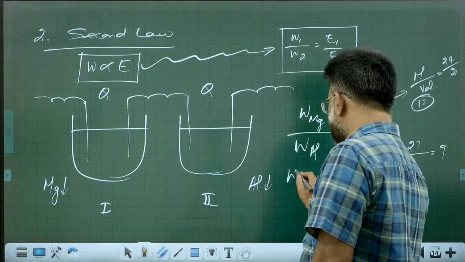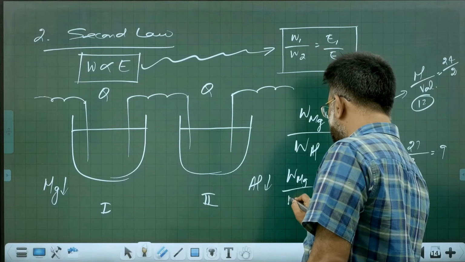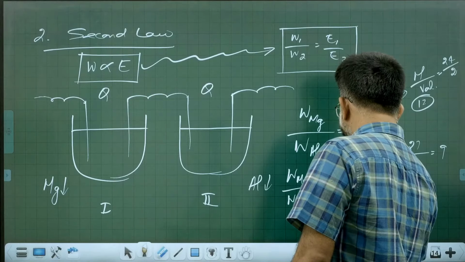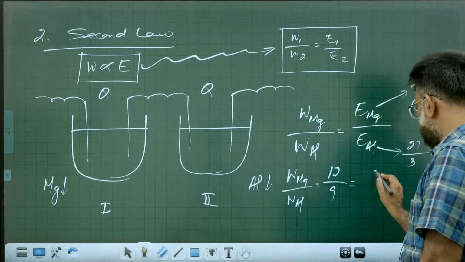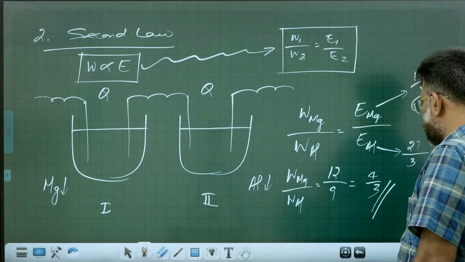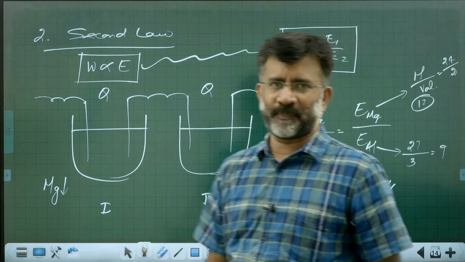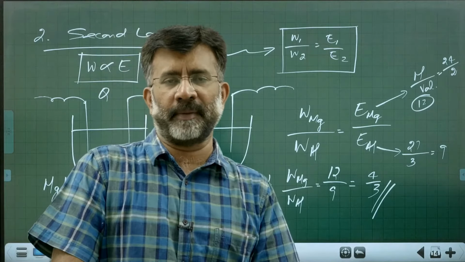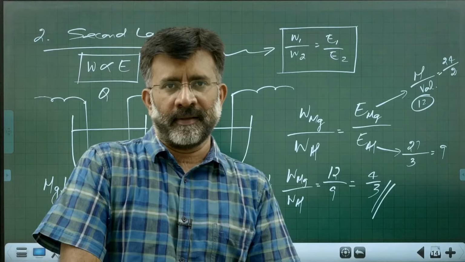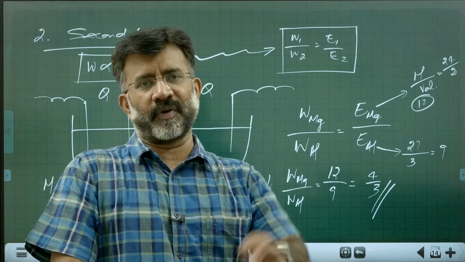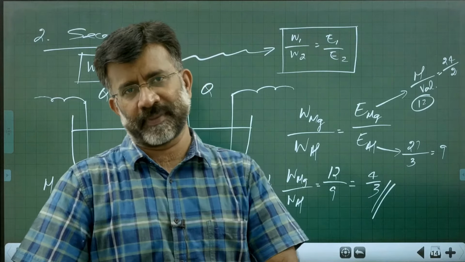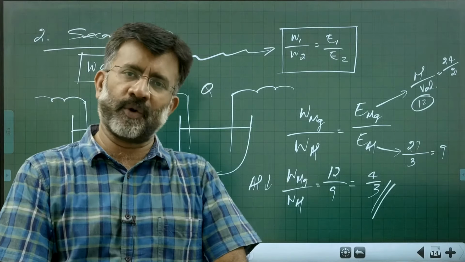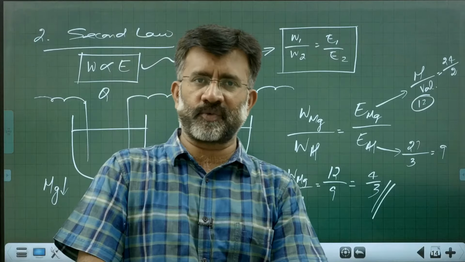So weight of magnesium divided by weight of aluminum is equal to 12 by 9, that is 4 by 3. It will be in the ratio 4 by 3. So if you get 4 gram magnesium deposited, a simultaneous deposition of aluminum will be 3 gram. That's how Faraday's law has been illustrated.